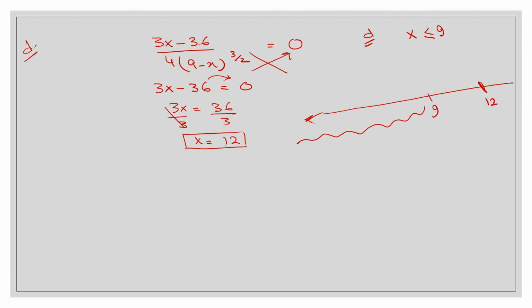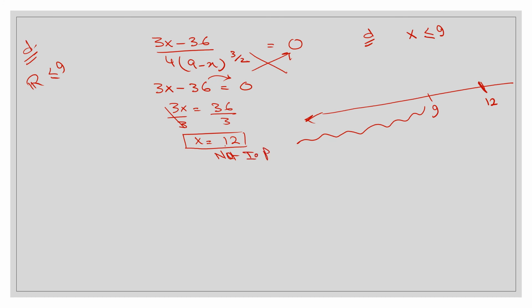And again to remind you, our domain was all real numbers less than or equal to 9. So here 12 is greater than 9, so it will not be my inflection point. So you just write here, not the inflection point.